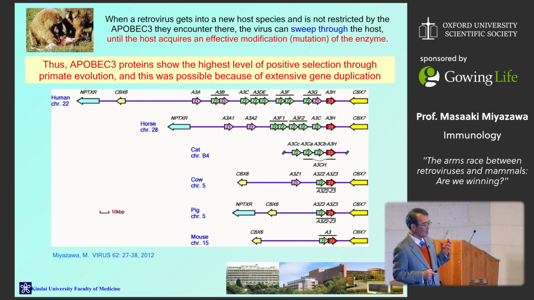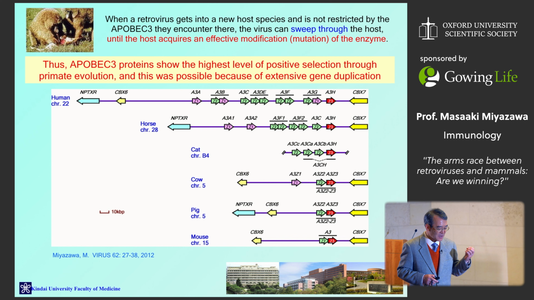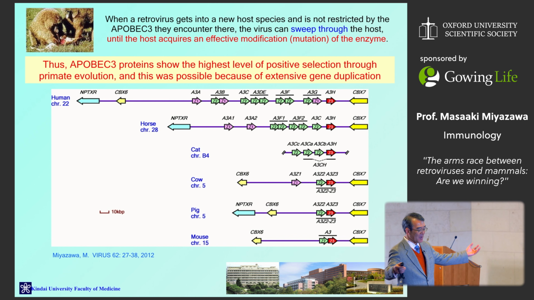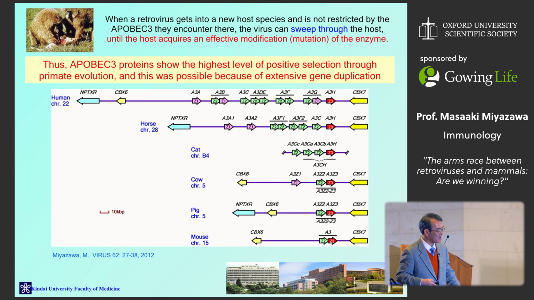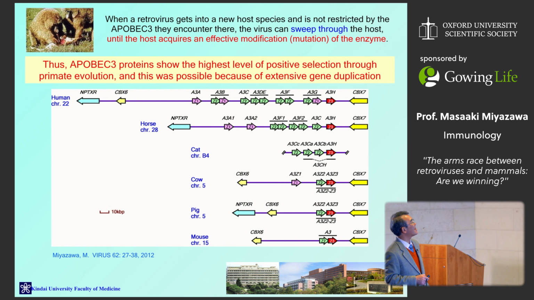However, we are fighting not with one retrovirus species, but we can be infected with many different species of retroviruses. And there are a type of retroviruses that can come out from one species of mammals and infect different species of mammals.